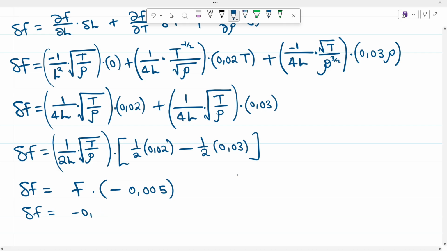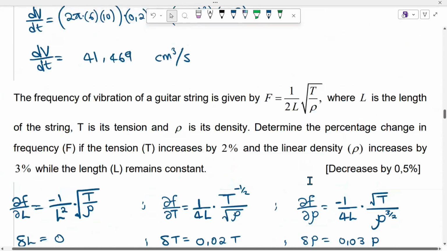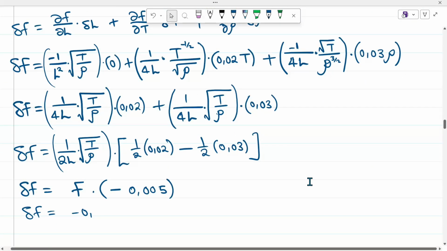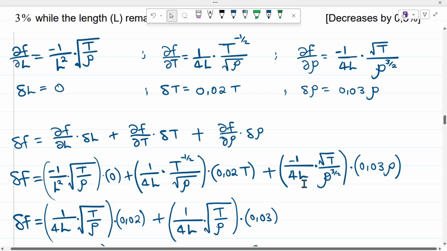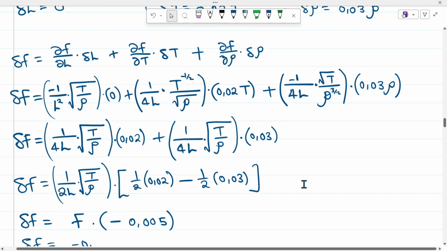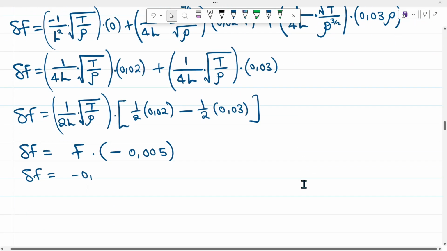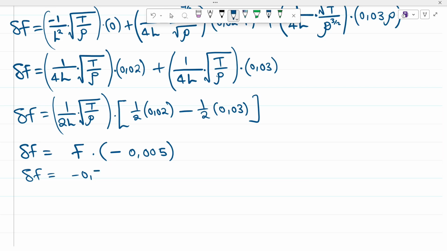Let's just confirm. So this is negative 0.5% of f.